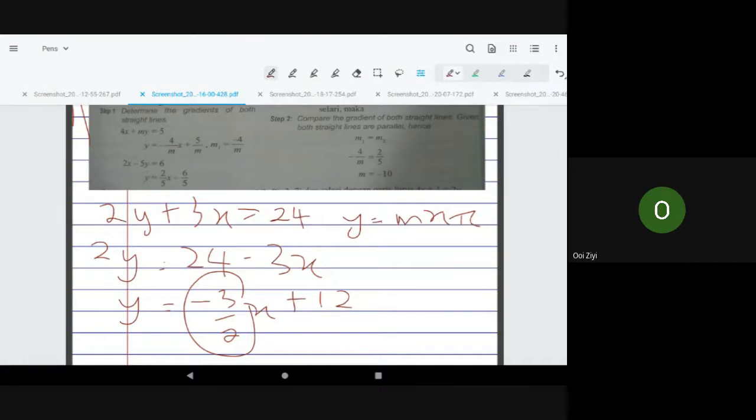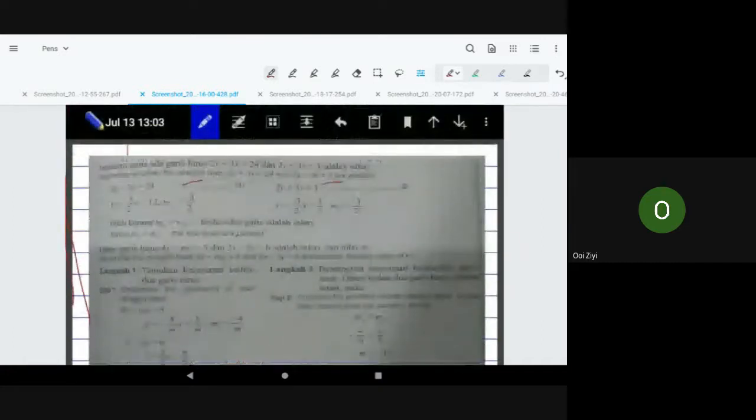Next, the same for the second line. We change it into y equals mx plus c, and we look at m. M is also negative 3 over 2. They have the same gradient, so the two lines are parallel.